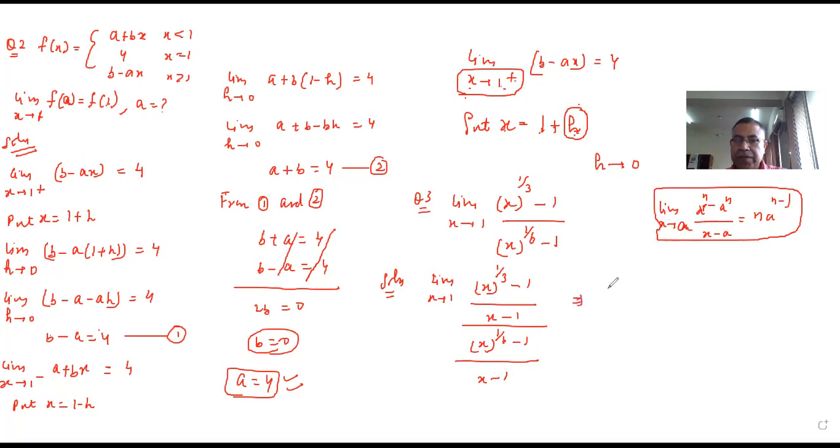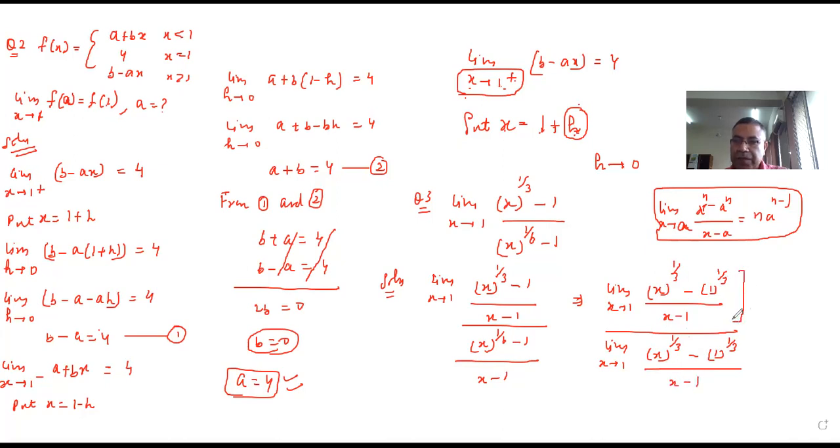So which implies limit x tends to 1, x raised to power 1 by 3 minus 1 raised to power 1 by 3 upon x minus 1, divided by limit x tends to 1, x raised to power 1 by 6 minus 1 raised to power 1 by 6 upon x minus 1. So this value is 1 by 3 into a raised to power n minus 1.